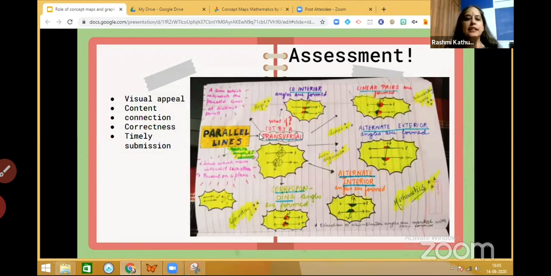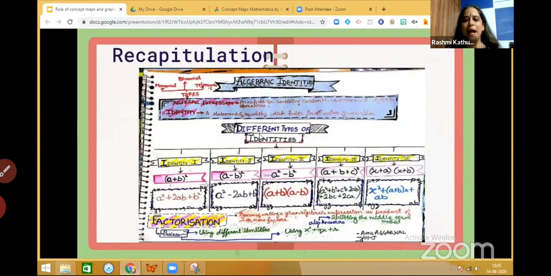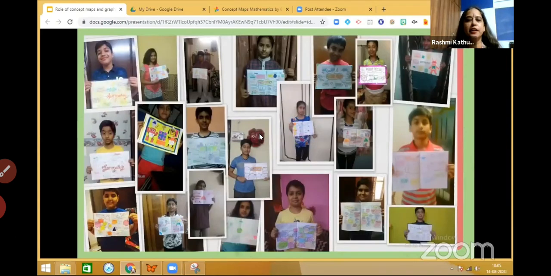So you can select some rubric for assessment, and children can create wonderful mind maps or wonderful concept maps even by drawing. So here, this is a recapitulation activity which has been done by the children. Now you see this slide is so beautiful, because here you can see many children, and all the children were given one single topic to think on and write down 25 observations.